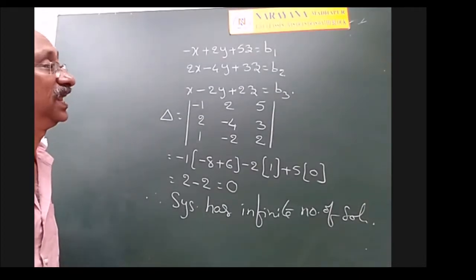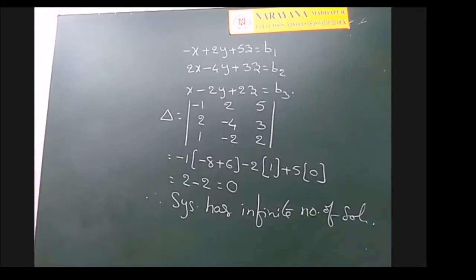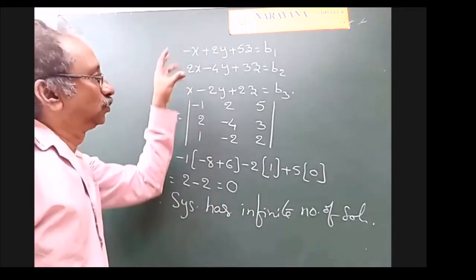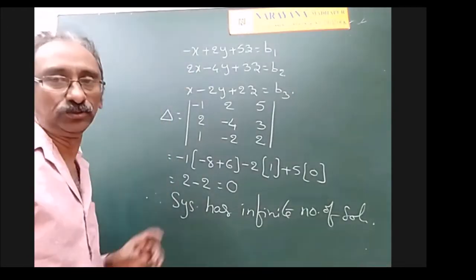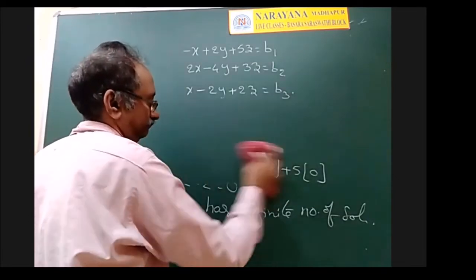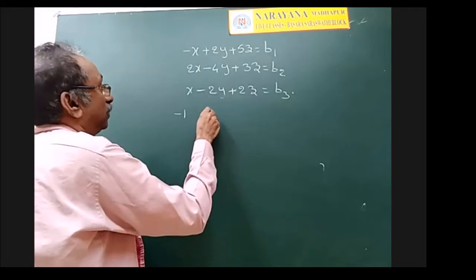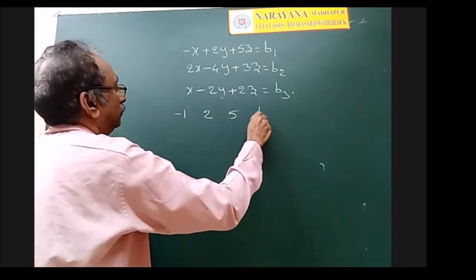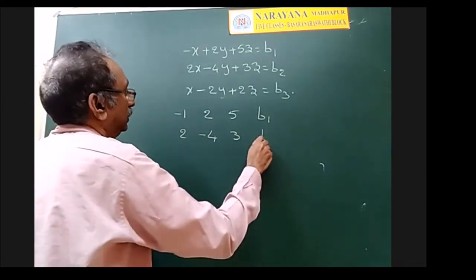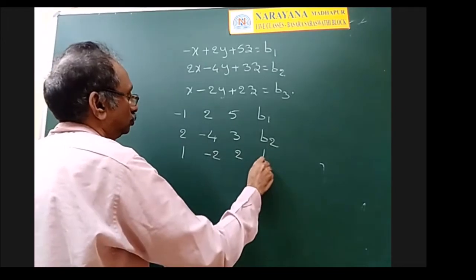Now, what is the relation between b1, b2, b3? That is the question now. To get that, we convert the augmented matrix into echelon form. The augmented matrix is minus 1, 2, 5, b1; 2, minus 4, 3, b2; 1, minus 2, 2, b3.